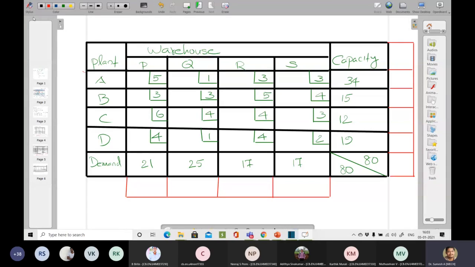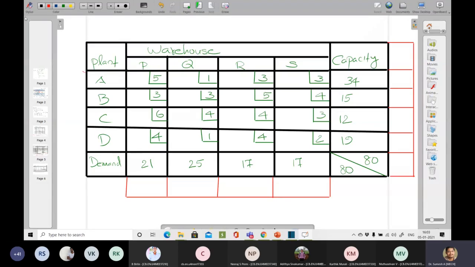As the first step of transportation, we have to check that demand equals supply. If the demand is not equal to supply, add a dummy row or dummy column, whichever is necessary, to make demand equal supply. In Vogel's approximation method, in addition to our given problem, in red I have drawn one extra column and one extra row at the bottom.